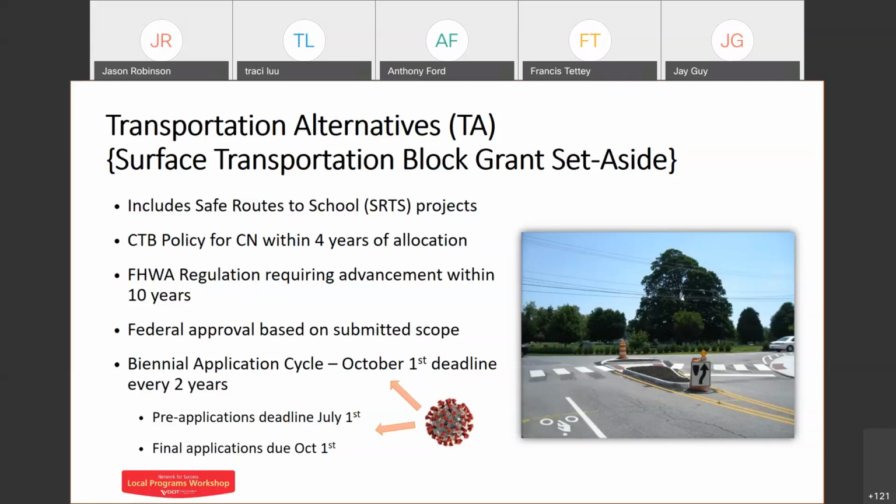I mean, truth be told, we are still operating under last year's adopted 6-year improvement program because that has not been adopted for this year because of all the implications of funding and all the implications of public meetings and things like that. And so I just wanted to put a quasi asterisk on this slide to say, go ahead and plan for the July pre-application deadline and then the October final application deadline. But I'm sure more information will be coming on that as it becomes available.